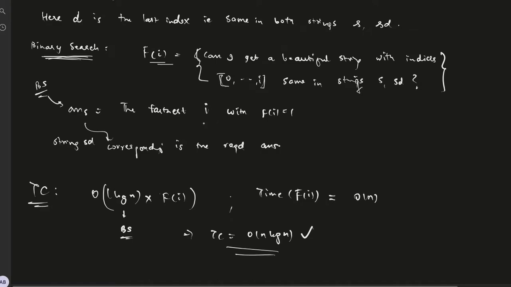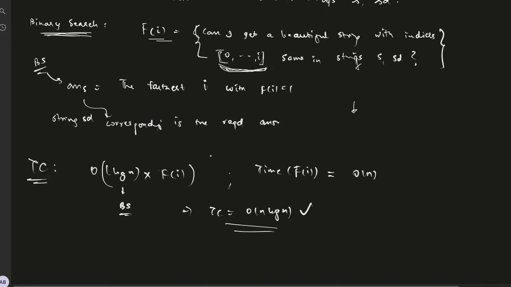And once we calculate the maximum I for which this is possible, for that particular I we can generate a solution which gives us the lexicographically minimum beautiful string, for which these indices are the same as these indices in string s.